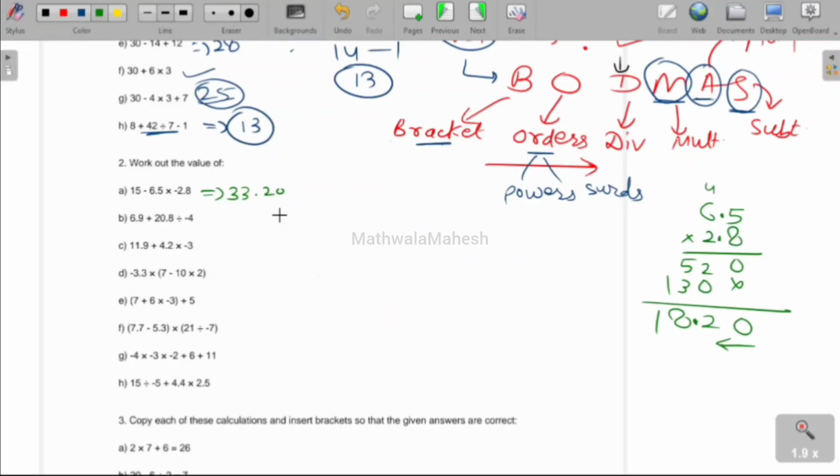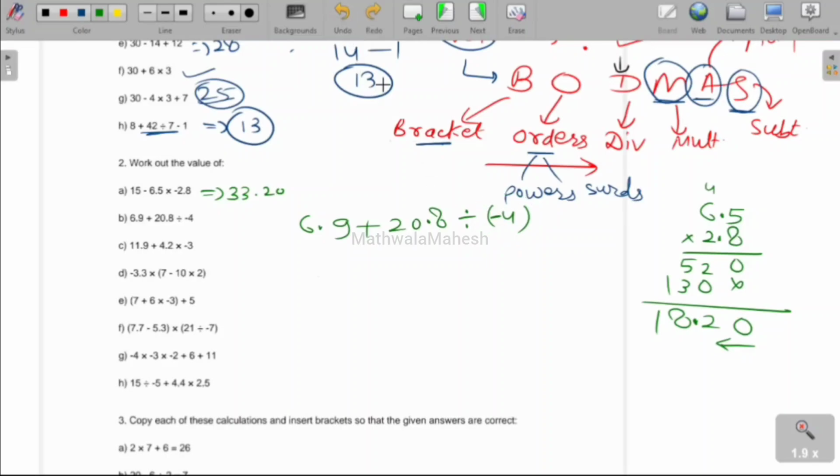Now we will do the second question. 6.9 plus 20.8 divided by minus 4. If you don't understand what to write, then you can also use brackets. In the bracket, the whole number is considered as one number.